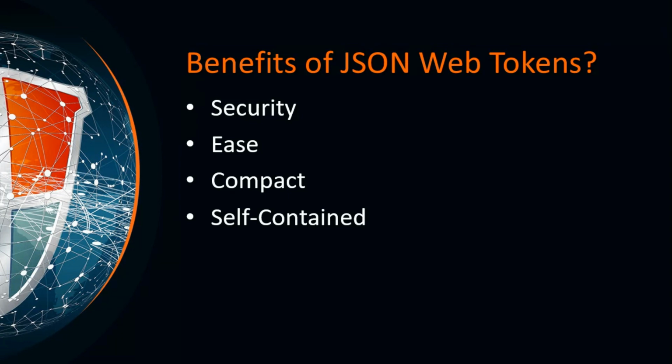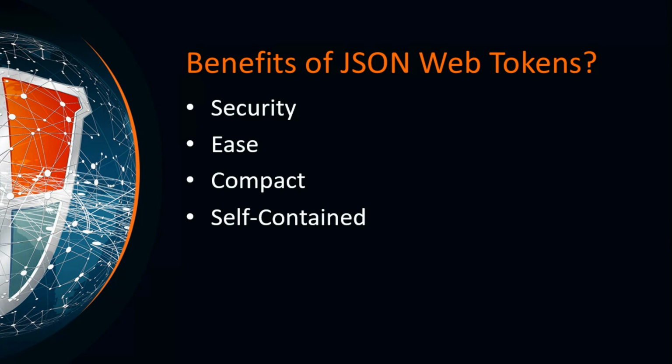Benefits of JSON Web Tokens. First is security: securely transmitting information between parties using public and private key pairs. Second is ease: ease of client-side processing of JSON Web Tokens on multiple platforms, especially mobile. Thirdly is compact: because of its size, it can be sent through the URL, a POST parameter, or inside an HTTP header.